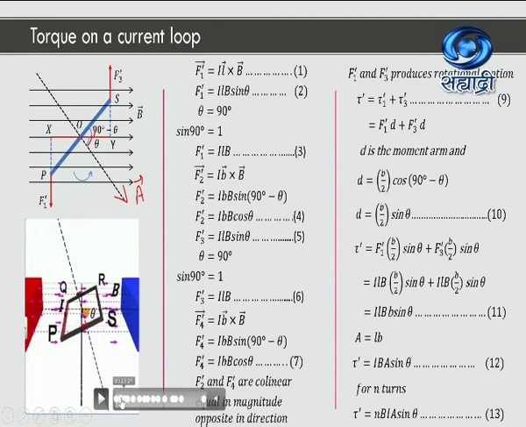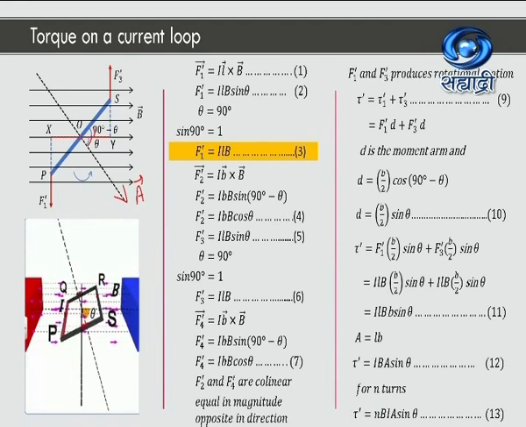If the corresponding magnetic force is F1 dash, then it is given by I L cross B. What I mean to say is, vector F1 dash is equal to I vector L cross vector B. Therefore, F1 dash is equal to ILB sine theta. Theta is 90 degrees, sine 90 is 1. Therefore, F1 dash is equal to ILB, equation number 3. F1 dash is a vector quantity, so it should have direction.